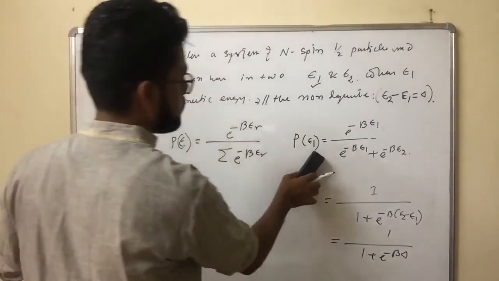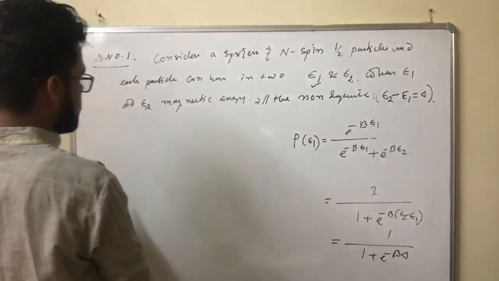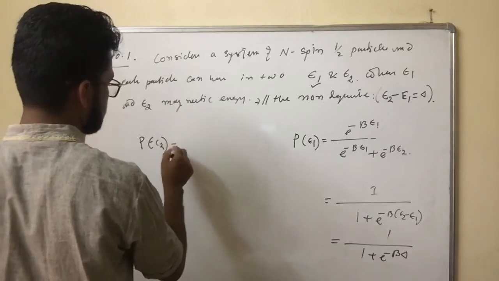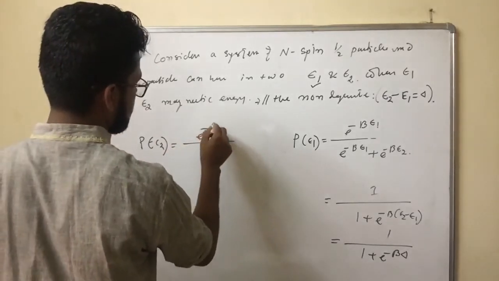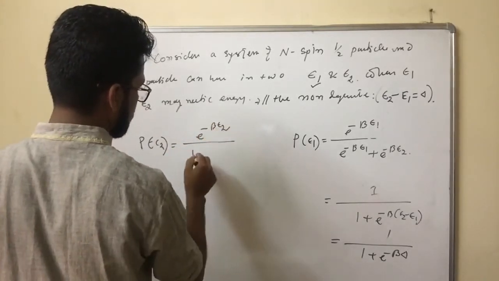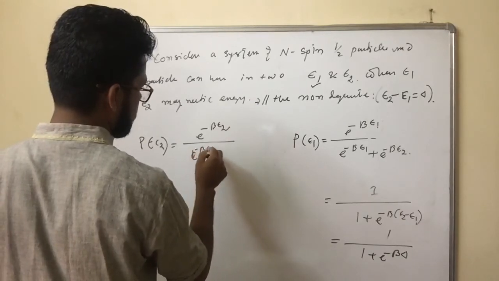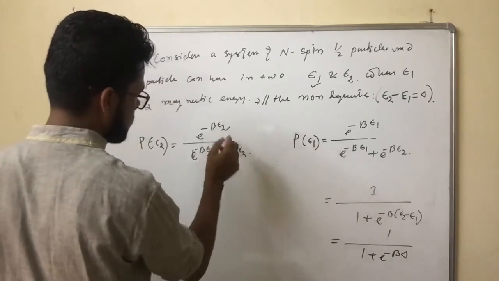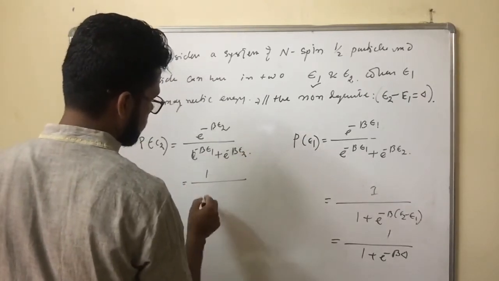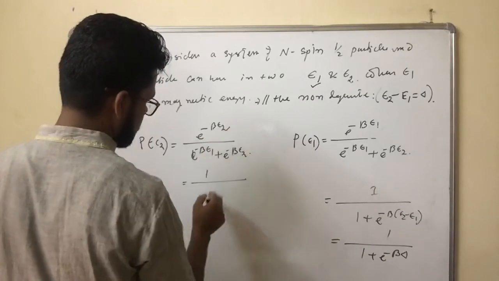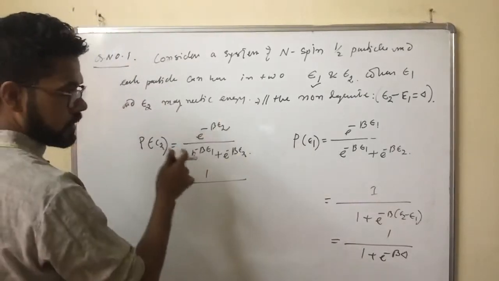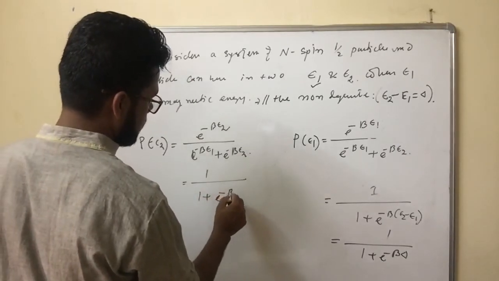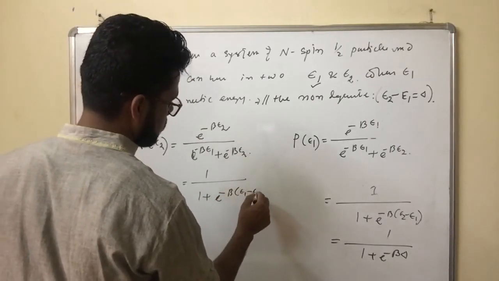That is the probability in the first state. Similarly, the probability in the second state, the E2 state, is simple. It is e to the power minus beta E2 over e to the power minus beta E1 plus e to the power minus beta E2. Then you can divide also, numerator by numerator, then it will be 1 over 1 plus e to the power minus beta (E1 minus E2).